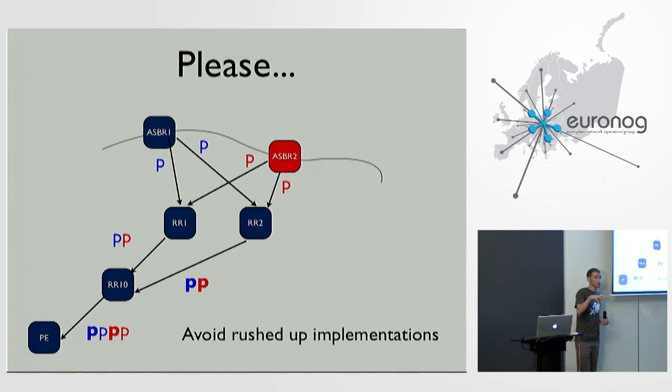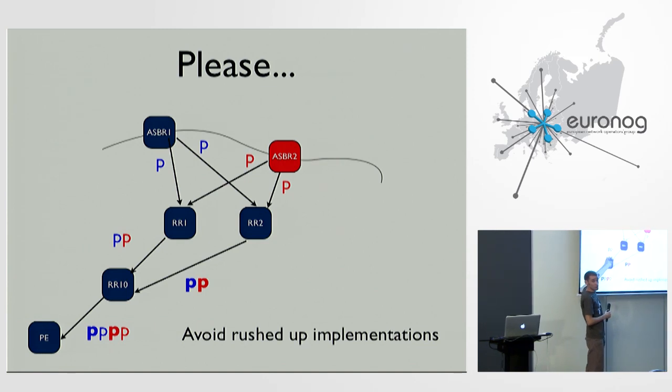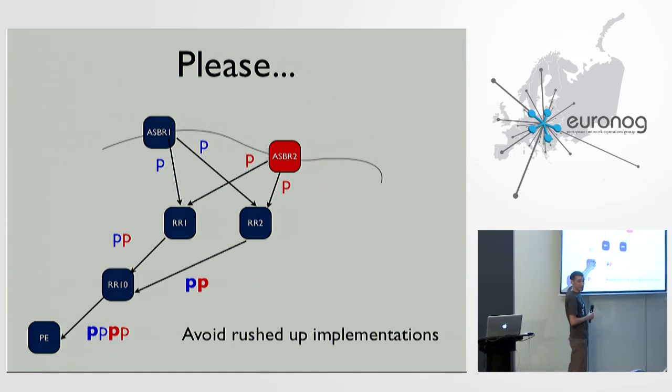If you have in your network a hierarchy of route reflection, a route reflector at the first level of the hierarchy might receive copies of different paths from its higher layer, right?